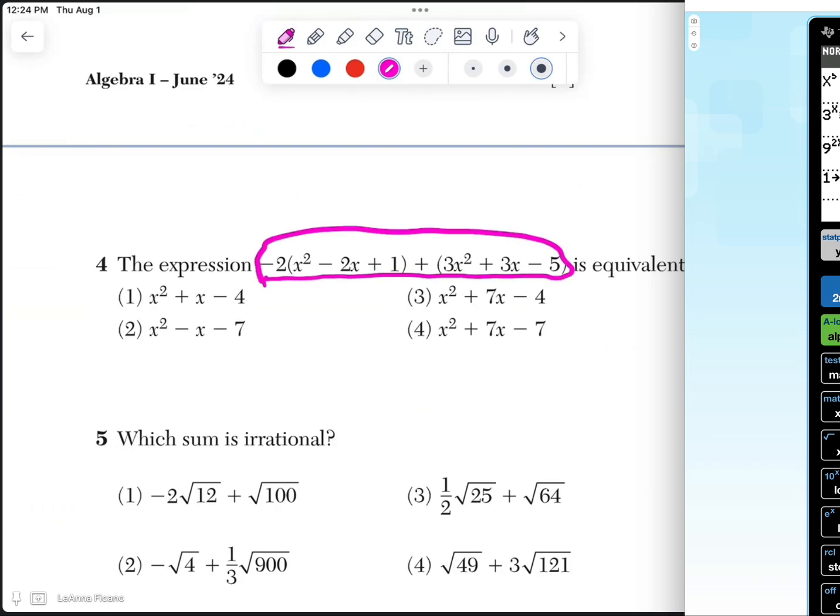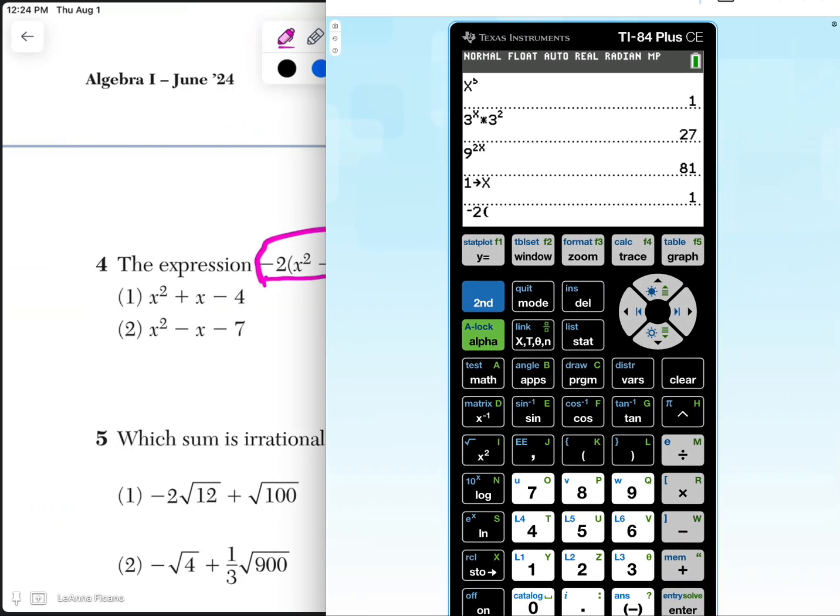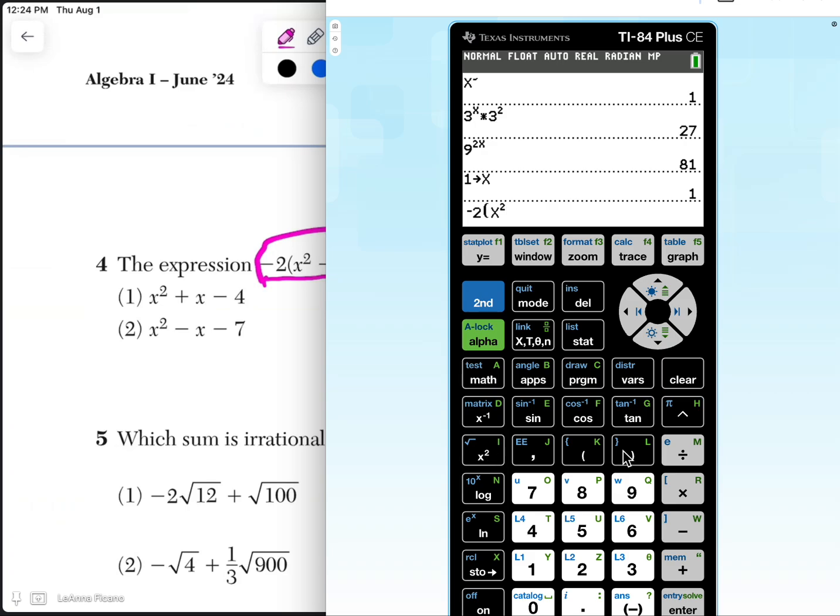So I have -2 parentheses x squared minus 2x plus 1 parentheses, plus 3x squared plus 3x minus 5.